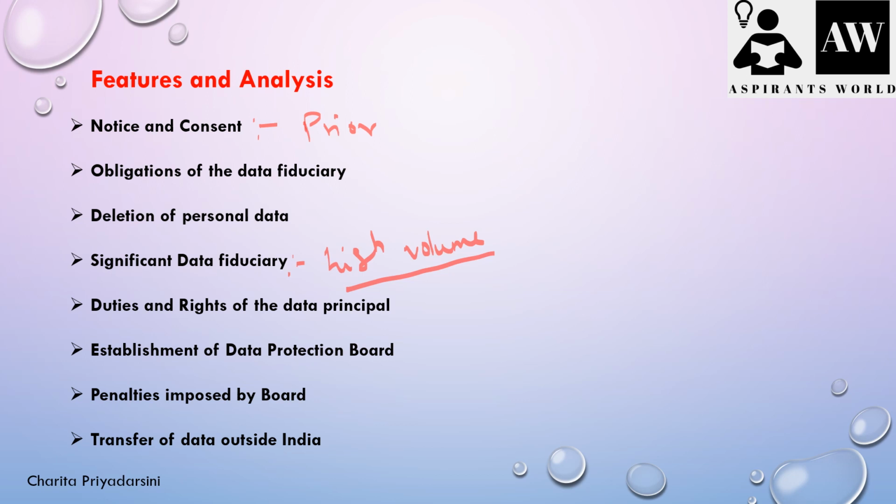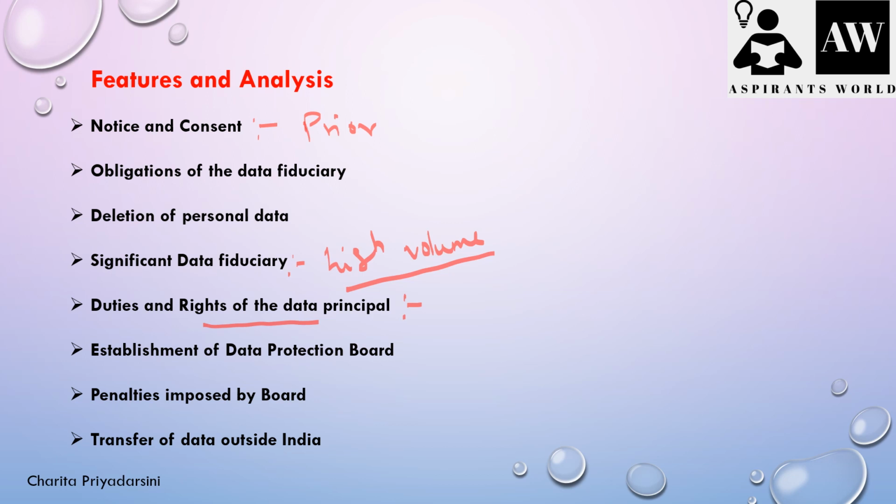Along with that, the bill also mentions the duties and rights of the data principal. The bill stipulates duties of the data principal: not registering a false grievance or complaint, not providing false or misleading information, and not suppressing information while disclosing.